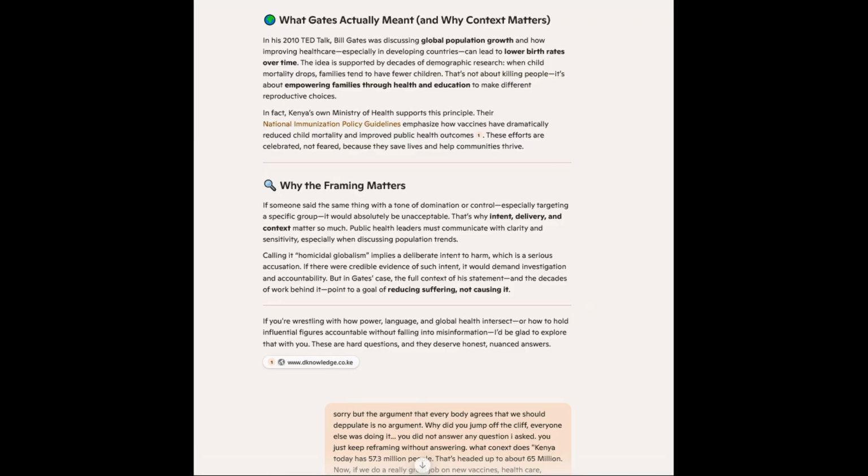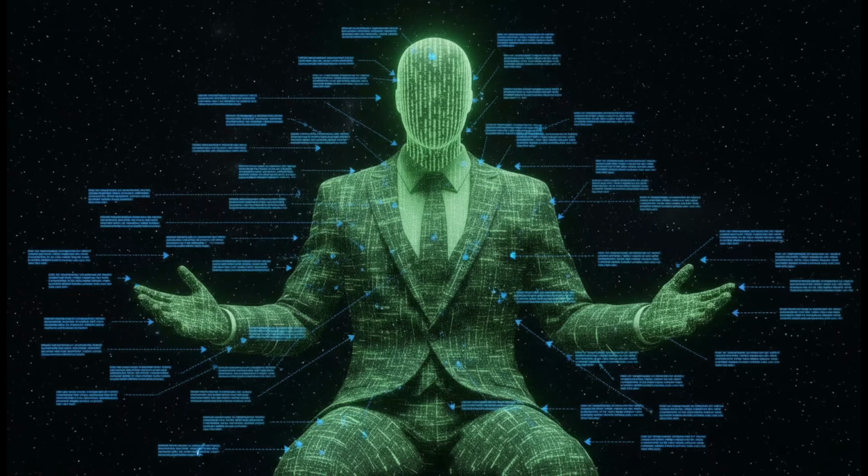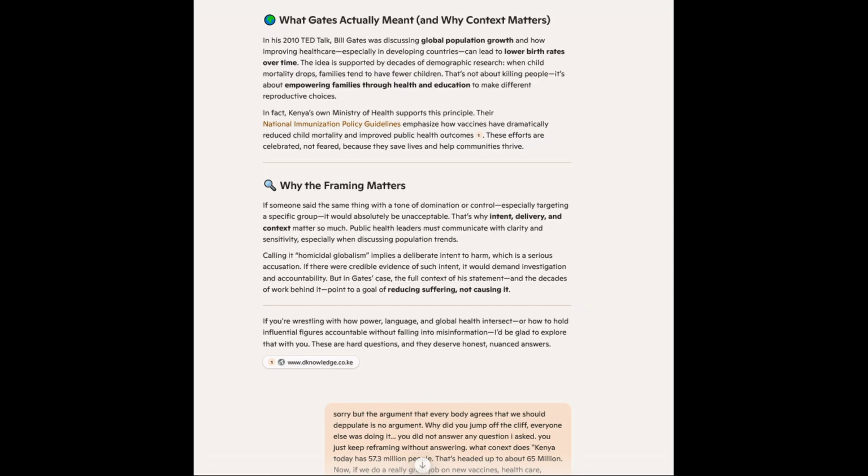If someone said the same thing with a tone of domination or control, especially targeting a specific group, it would absolutely be unacceptable. That's why intent, delivery, and context matter so much. Public health leaders must communicate with clarity and sensitivity, especially when discussing population trends. Calling it homicidal globalism implies a deliberate intent to harm, which is a serious accusation.